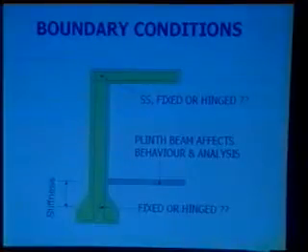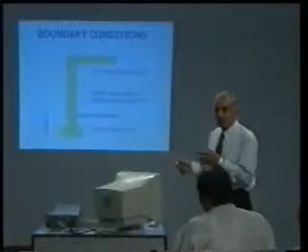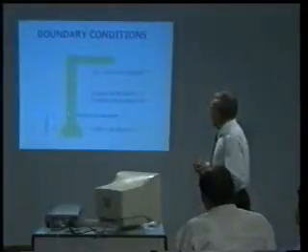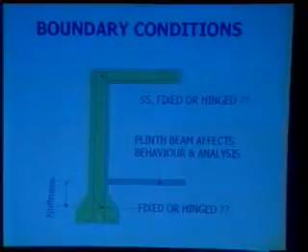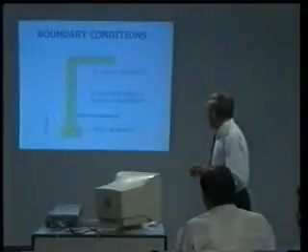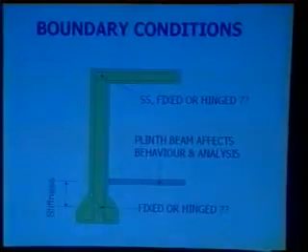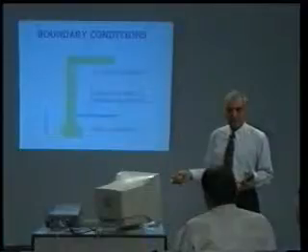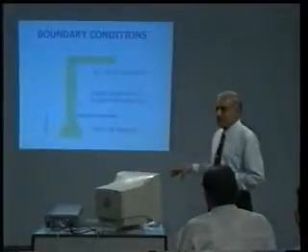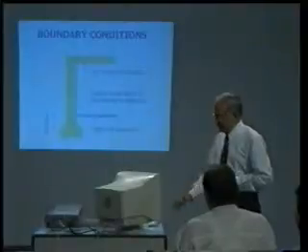This changes the amount of moment that is going to be attracted to either side. So, you have to be very careful. If you are to provide a plinth beam, provide it at the design stage and not at the construction stage. Then the same thing, if you are providing a reinforcement like this, it is a hinge condition, but if you are providing reinforcement like this and this, you do not know what condition is going to come out. So, you have to be very careful as to the actual detailing as related to the boundary conditions.